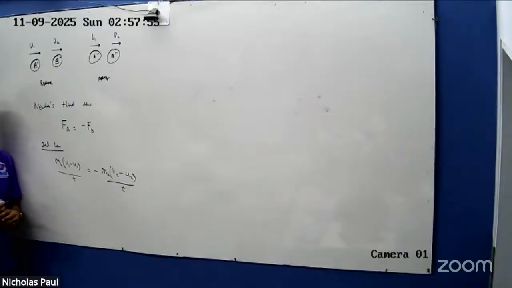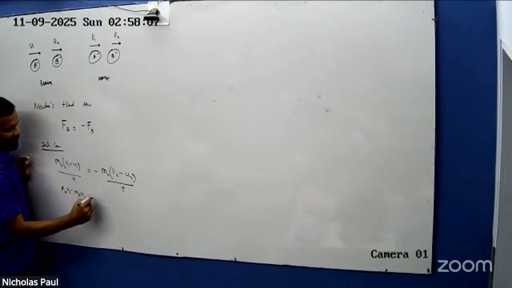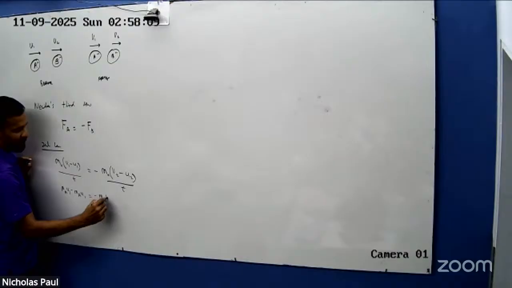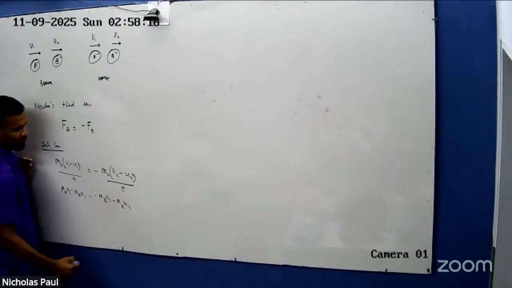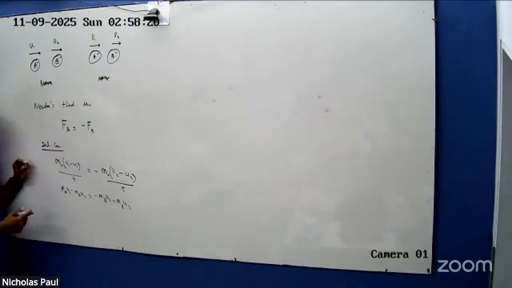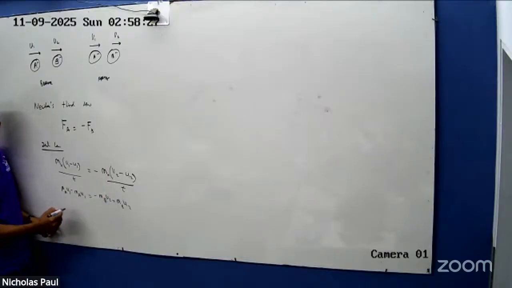The t's will cancel, right? When I multiply this out, I'll get mA v1 minus mA u1, this will be minus mB v2 plus mB u2. Remember, these cancel off, I'm moving them across. Anybody get lost?